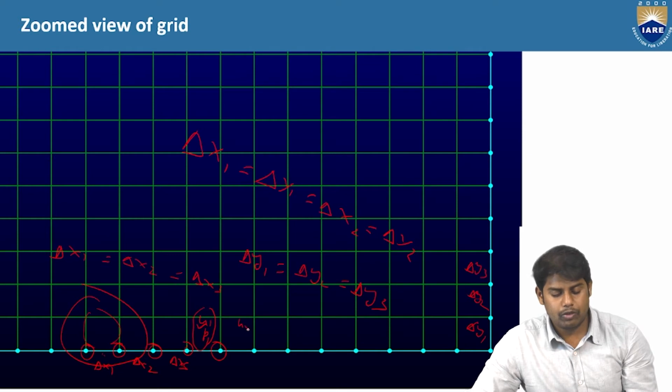Similarly, here you have u2, v2, p2. If you have 10,000 grid points, then you will have u 10,000, v 10,000, and p 10,000. At a particular grid point, you should solve three equations. If you have 10,000 grid points, so 3 into 10,000, nearly 30,000 equations you need to solve if you have a mesh size of 10,000.